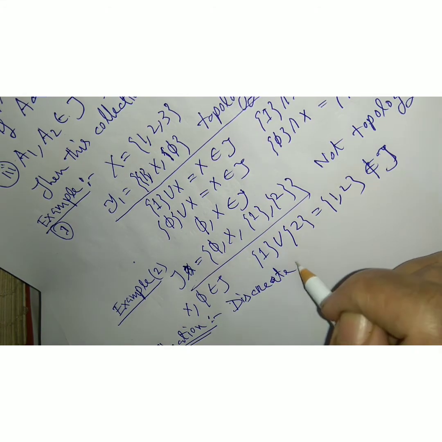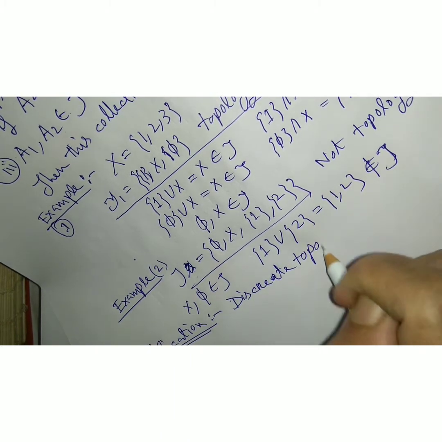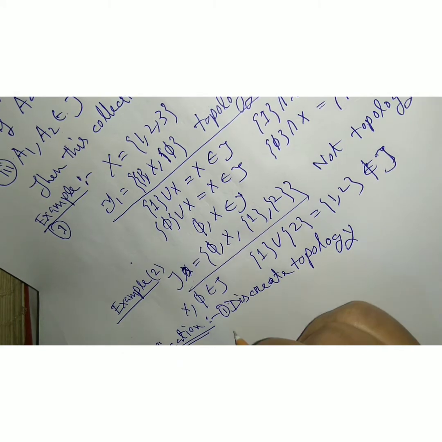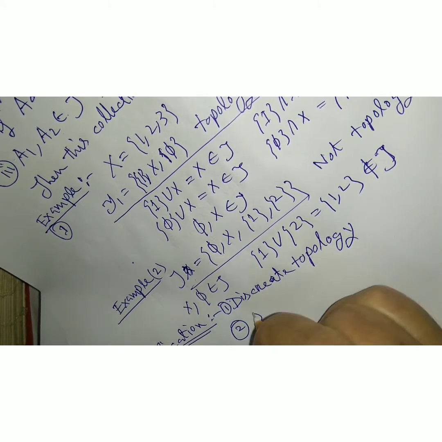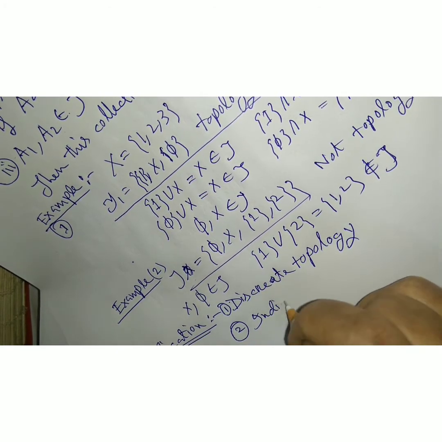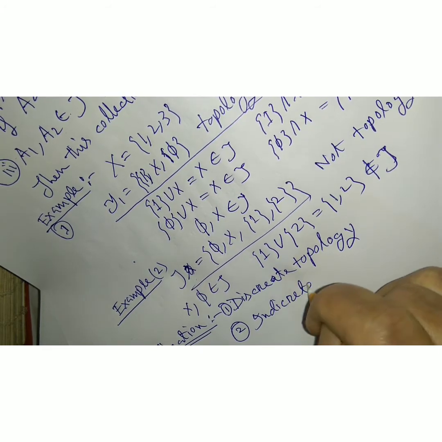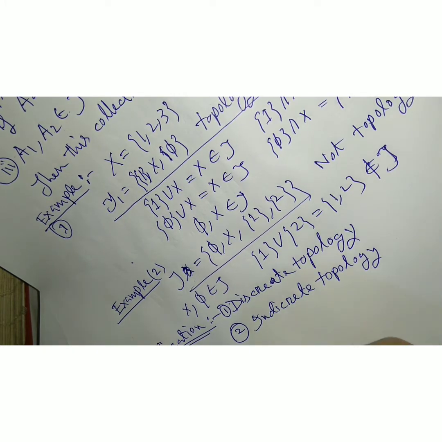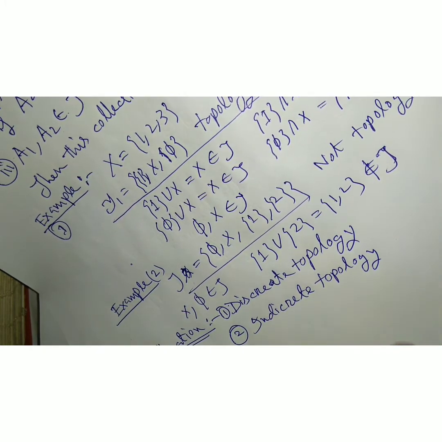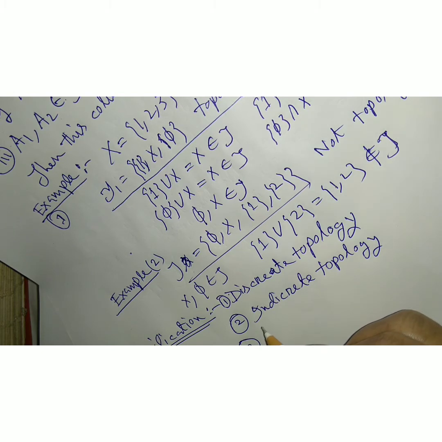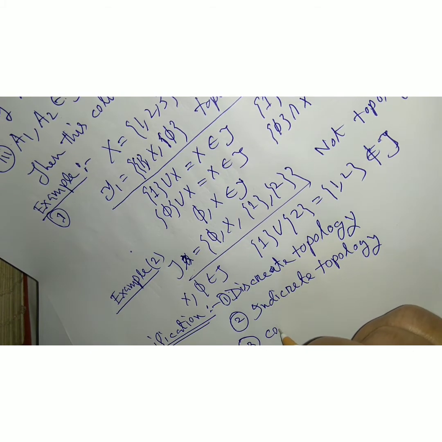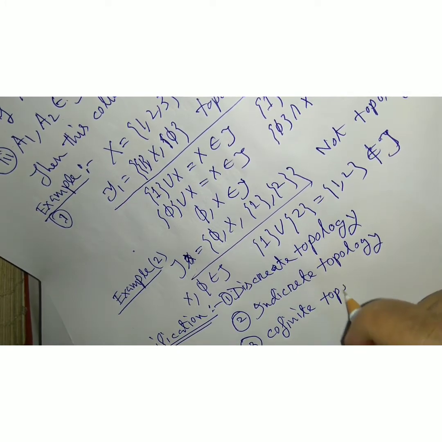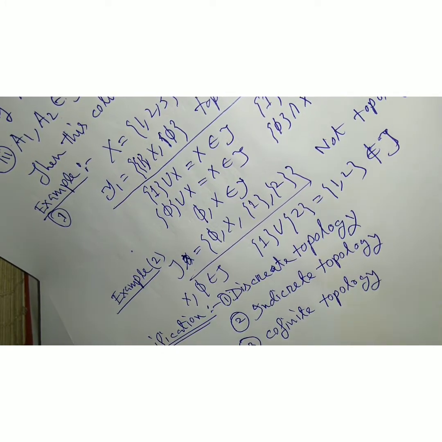Number 2, indiscrete topology. Number 3, cofinite topology.